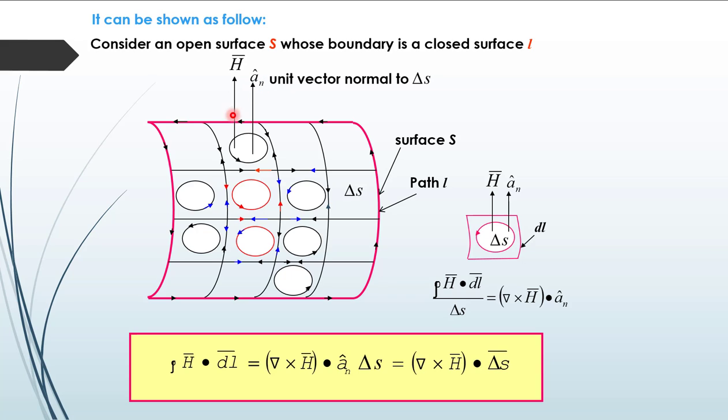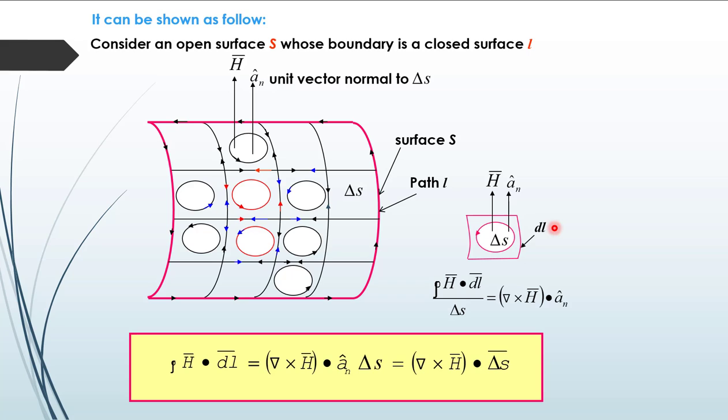H is circulated for each segment, each part here. So for delta S, H bar is the magnetic field intensity, a_n bar is the unit vector perpendicular to the surface, and dl is the length for that particular small area delta S.